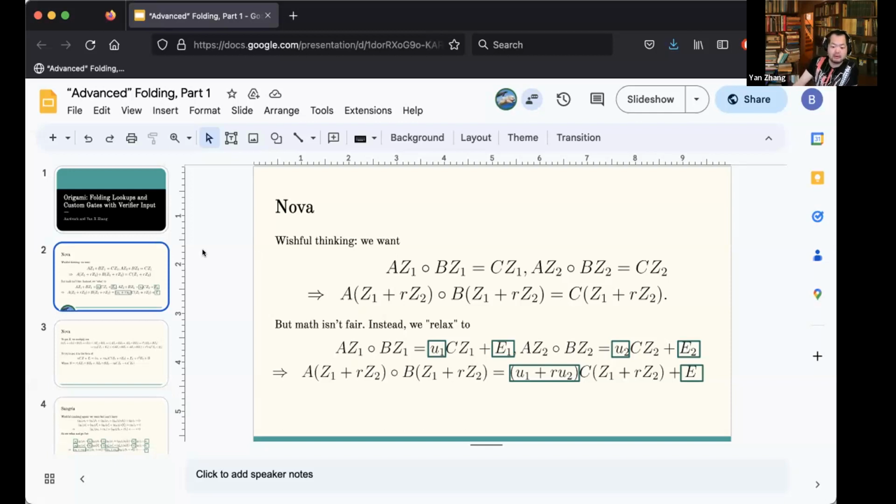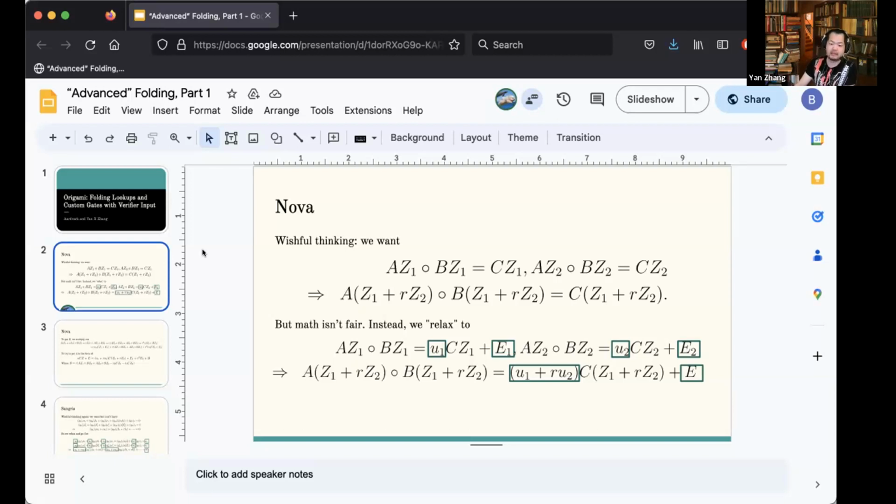Suppose I have the Nova R1CS relation, AZ1 ∘ BZ1 = CZ1, and also AZ2 ∘ BZ2 = CZ2. What I would really like is that if the data were folded up with a linear combination with respect to r, the original algebraic relation would still work.